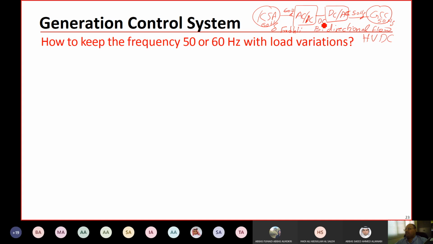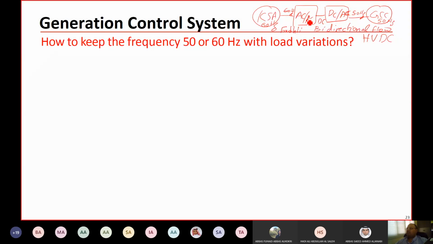The DC link here is not just a few meters, but a very long transmission line. One converter will be in Tabuk, in Saudi Arabia, and the other in Egypt, with a long transmission line in between, about 200, 300 or 500 kilometers.